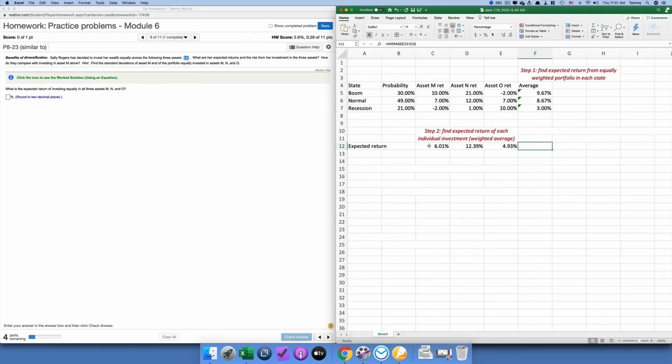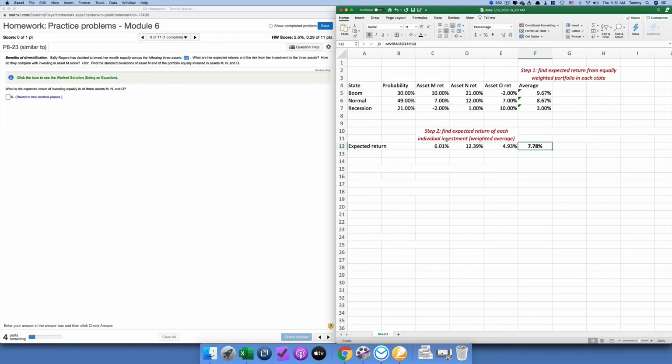And then after we've calculated the expected return for each individual investment, we can find the expected return for the portfolio in the different states of nature in a couple of different ways.